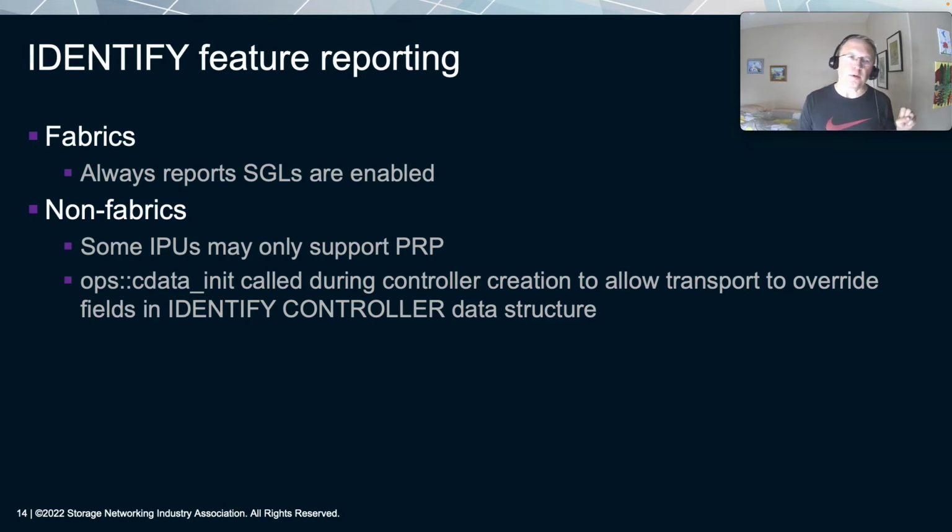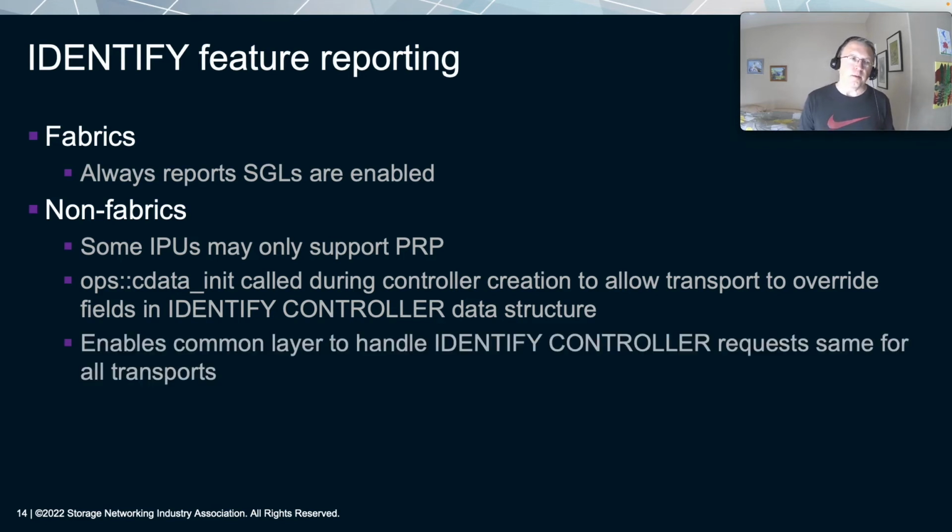For example, if there's an IPU transport that doesn't support SGLs and only supports PRPs, it can clear that bit. Then later, once identify controller commands are sent down from the host, we can do all the same processing for those commands, whether they're coming from a Fabrics queue pair or from a VFIO user or an IPU queue pair.